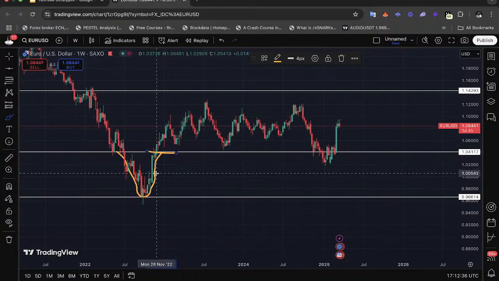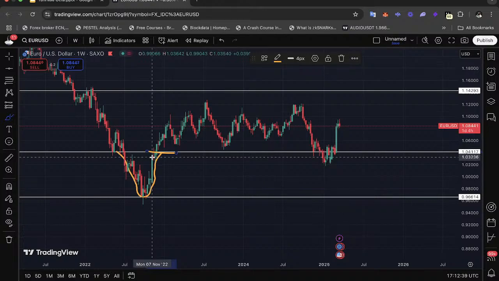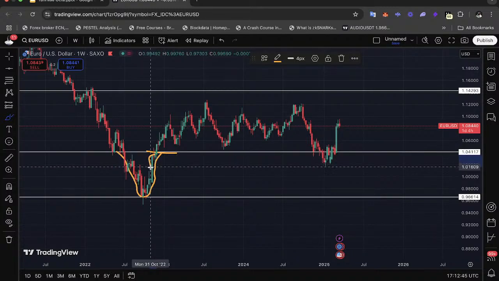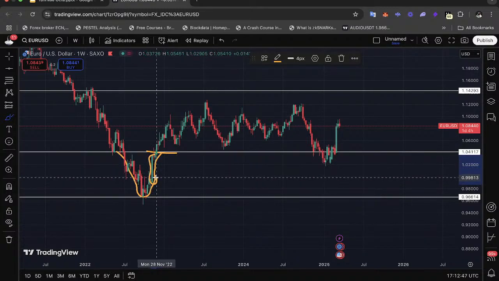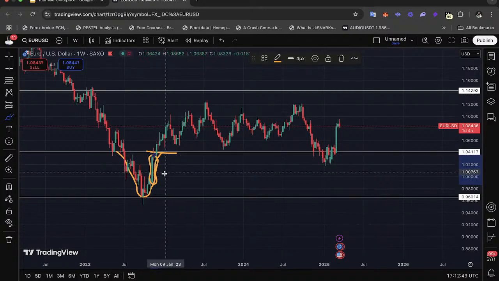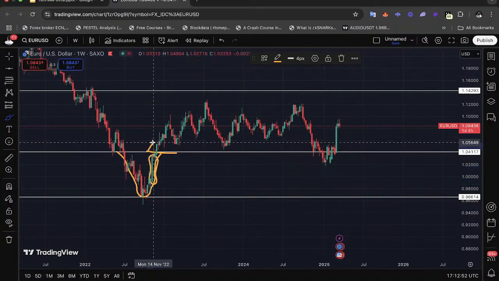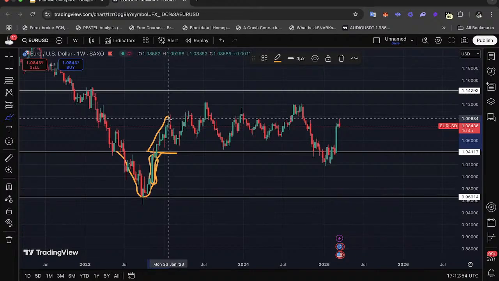Obviously the market momentum from here was just starting, because the candlestick that created the momentum was just formed. And look how far the momentum took.